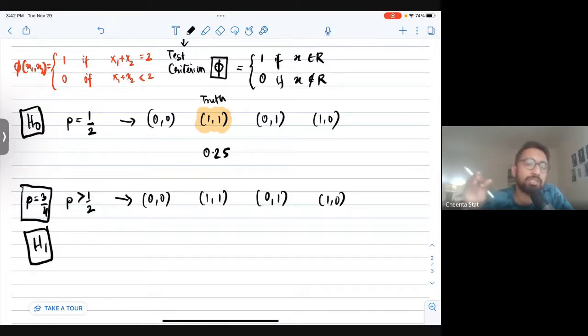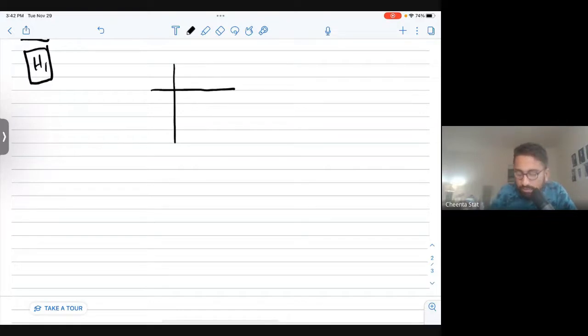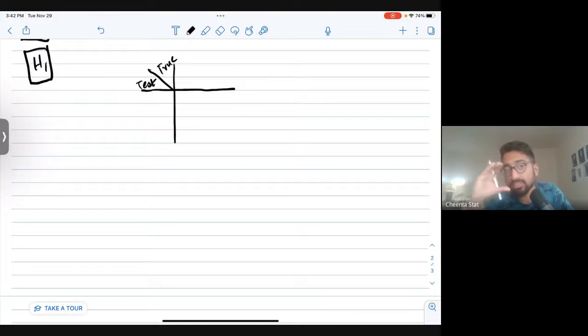So the idea is that this test is not always going to be right; there will be some errors to it. What are the errors? That is where this table comes in, the truth versus what the test has decided. The test is a very strict policy.